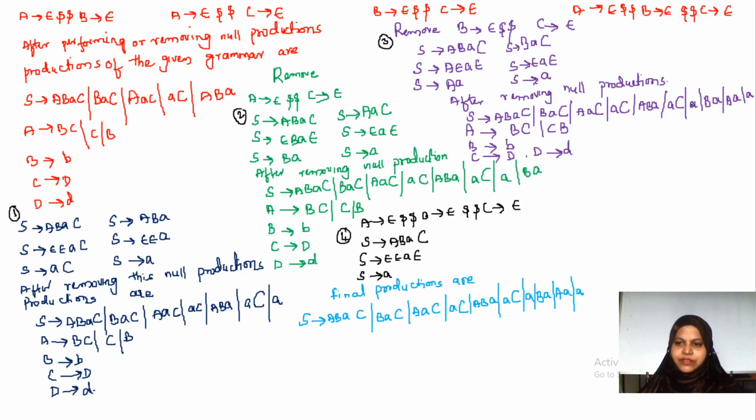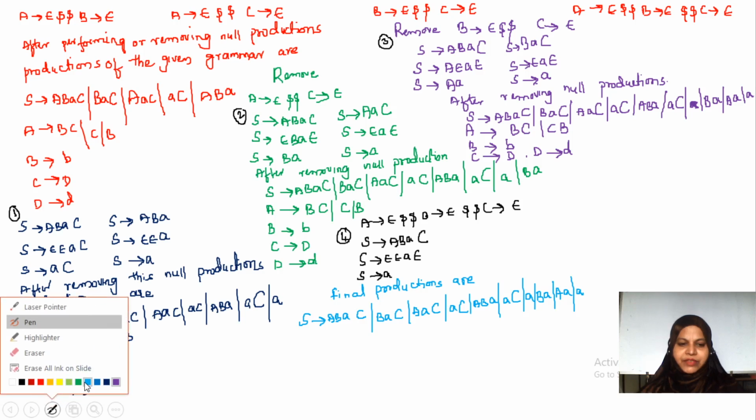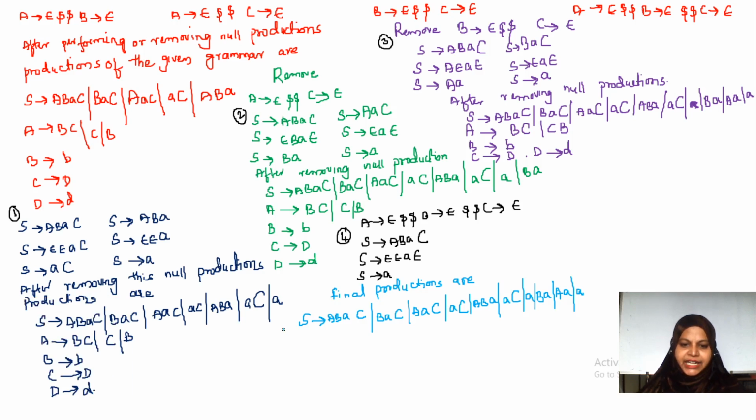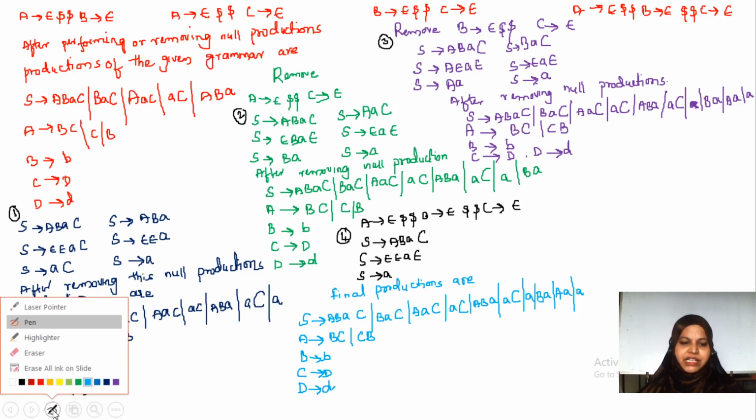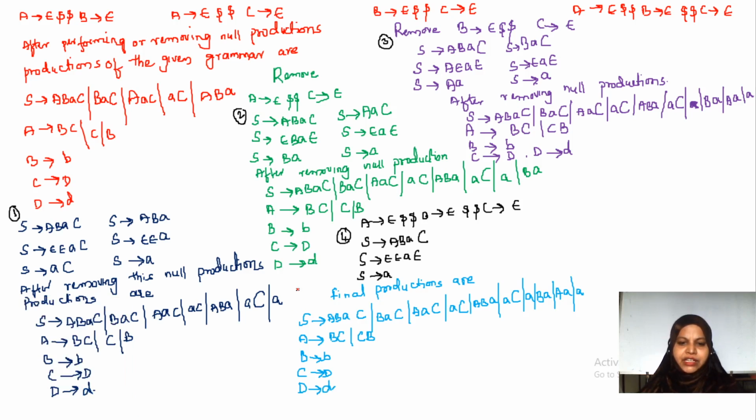Next, my final productions are A tends to B, C, C, B. Next B tends to B, C tends to D, D tends to D. These are all my final productions.